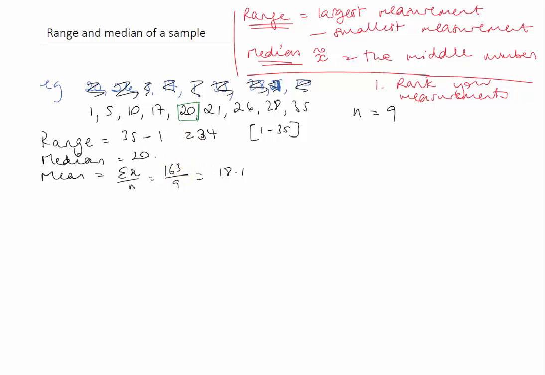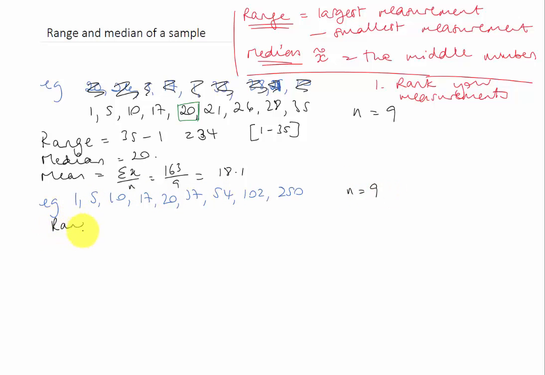Okay, I think that's it for that example, but now I'm going to give you a second one to prove a point, that the mean and the median do not have to be close together as in this sample. So how about if we've got another sample, ranked already in order: 1, 5, 10, 17, 20, 37, 54, 102, 250. Our n is still 9.